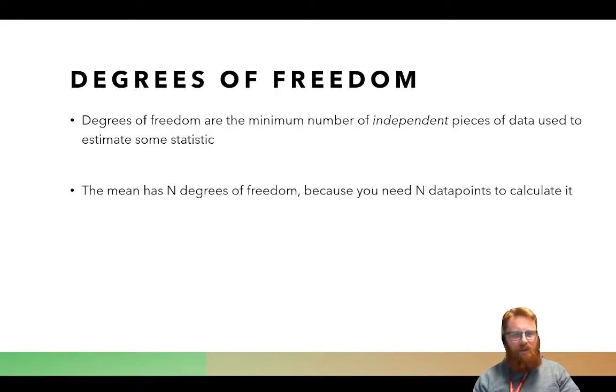The mean of a sample that has n data points in it has n degrees of freedom, because you get one data point and add it to the next data point and add it to the next data point and divide by 3, and that's the mean. You need all 3 data points. Easy peasy, right? Now, if you think on a little bit, you might think, hang on, aren't all statistics going to have n degrees of freedom?